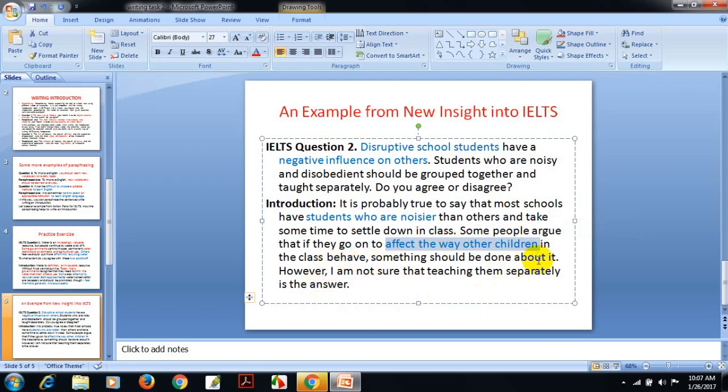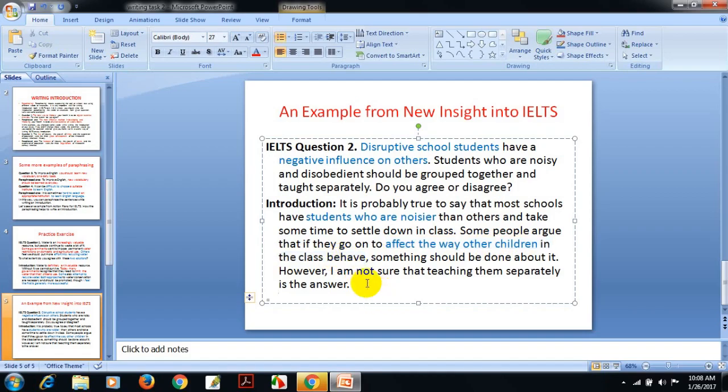Okay, let's say from here to here. Yeah. Now, have a negative influence on others. Look here. Affect the way other children in the class behave.